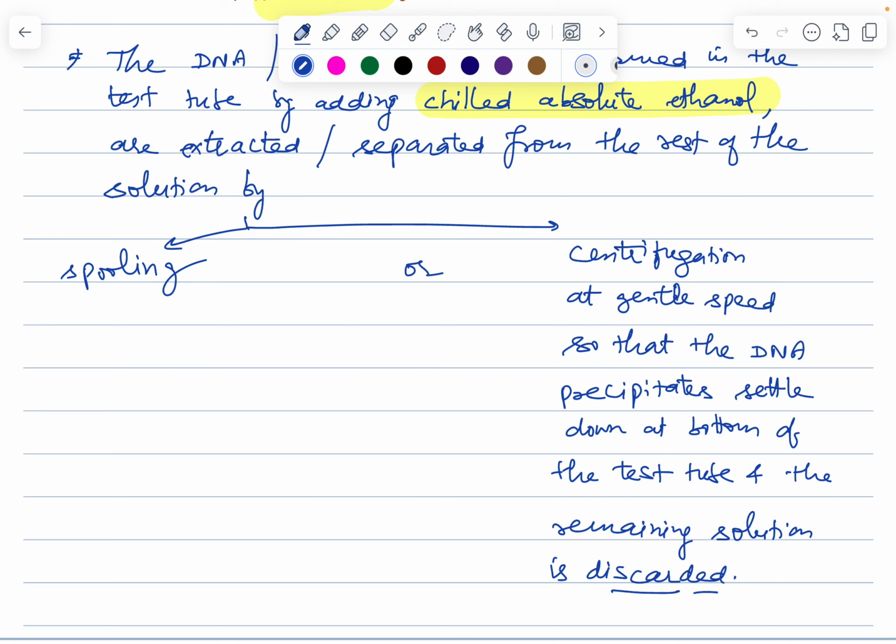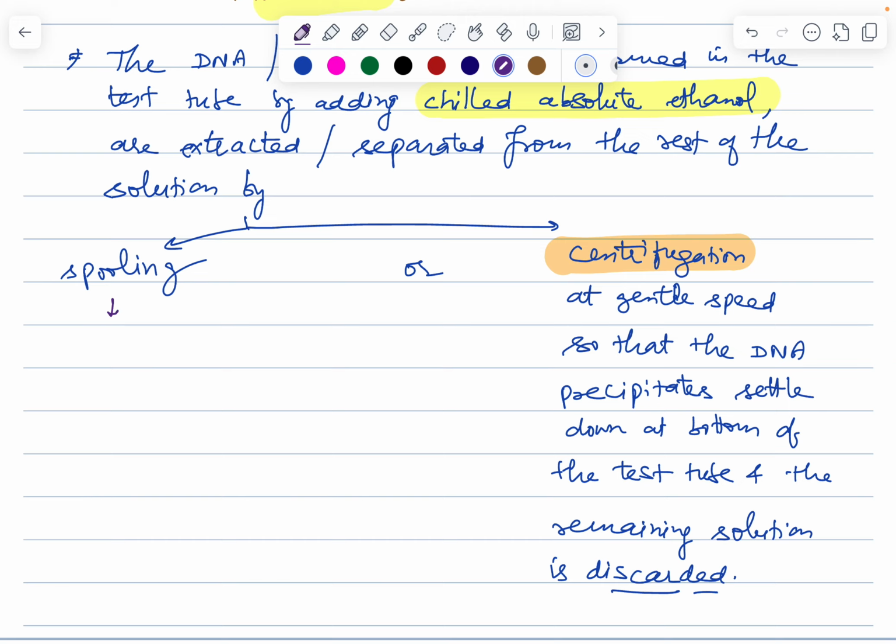So this is one method, and this is obviously a more efficient method, because centrifugation at a gentle speed would actually help your DNA precipitates to settle at the bottom. You can just throw or discard the rest of the solution. Done and dusted. You finally have the DNA fragments in your test tube. The other option is of course more tedious because it's manual. It will require precision.